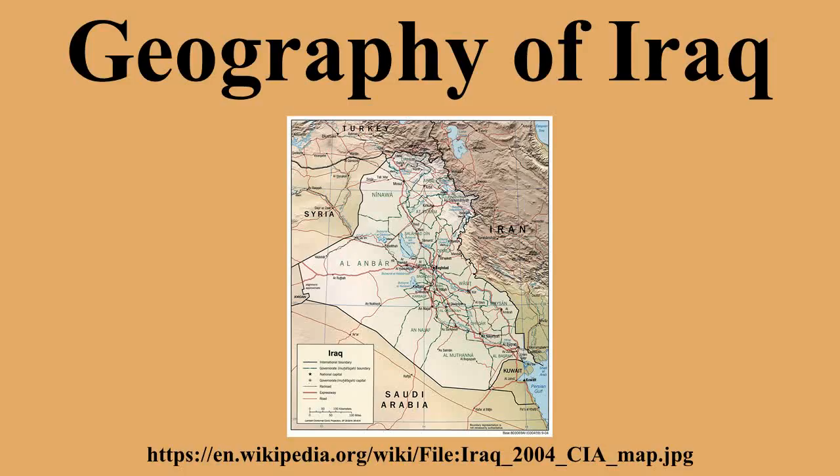Environment, international agreements: party to Biodiversity, Law of the Sea, Ozone Layer Protection; signed, but not ratified, Environmental Modification. Major ecoregions: Arabian Desert and East Sahara-Arabian xeric shrublands, Mesopotamian shrub desert.